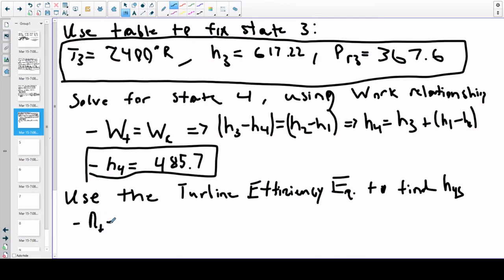No promises. And so, using this equation, the turbine's efficiency for this cycle is H3 minus H4 divided by H3 minus H4s. We're solving for H4s. That is the perfect case of expansion through the turbine.